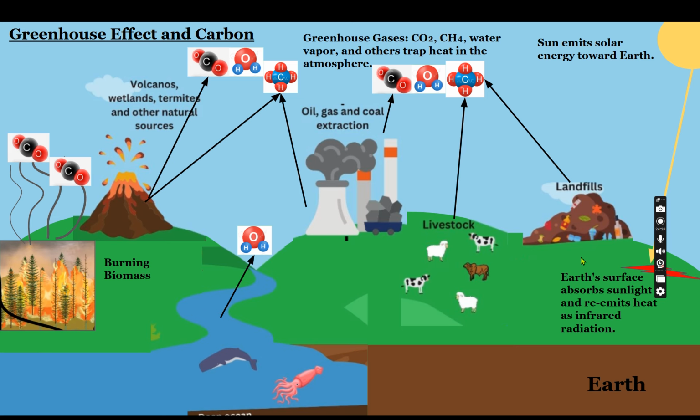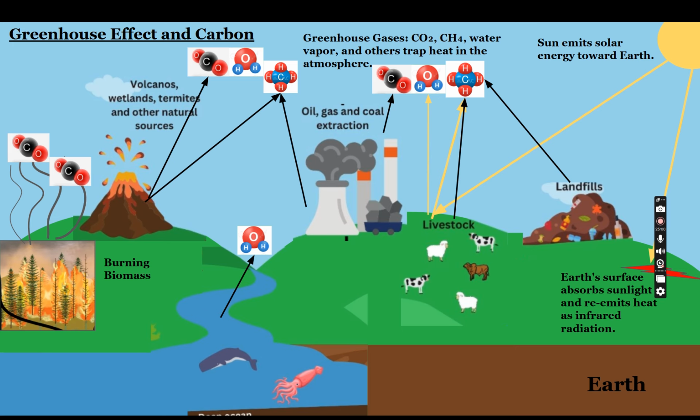But some of the sunlight isn't necessarily absorbed. Some of the sunlight is reflected. And this sunlight gets reflected back up into the Earth's atmosphere. And as it goes back up into the Earth's atmosphere, I'm going to show two arrows going back up into the Earth's atmosphere.